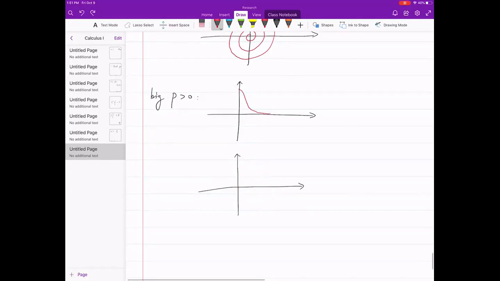Yeah, let's not do something fancy, just something like that. Sounds good? Qualitatively, this makes sense.